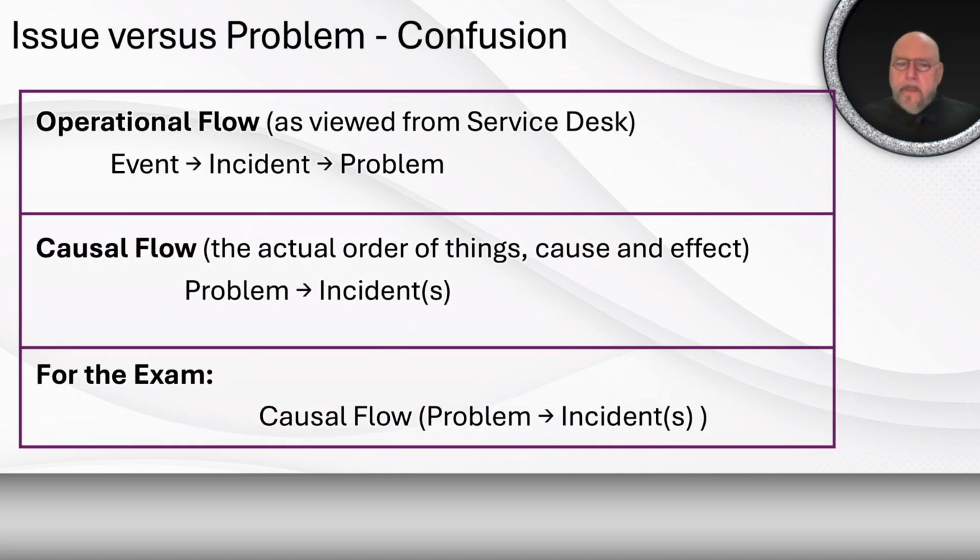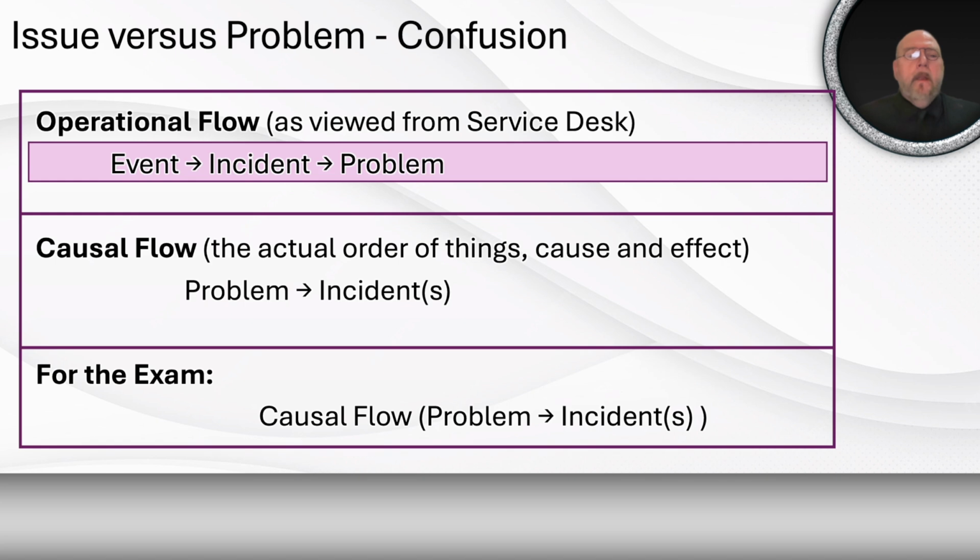Now, there's often confusion because when you're working in a service desk environment, the order in which you interact with these things is sometimes the opposite of the actual order. So let's visit this, because many people lose points on the exam because of this. The operational flow, the way we see it at service desk, is someone calls us: "Hello, service desk." "Yes, I'm having a problem with the network."